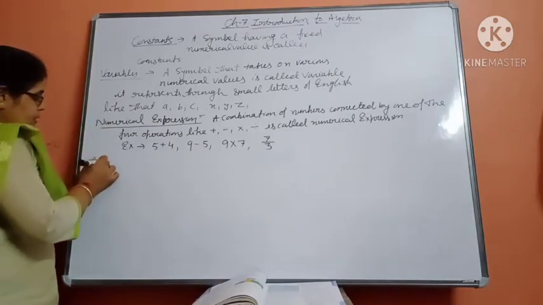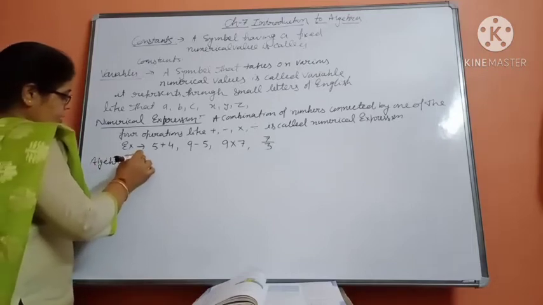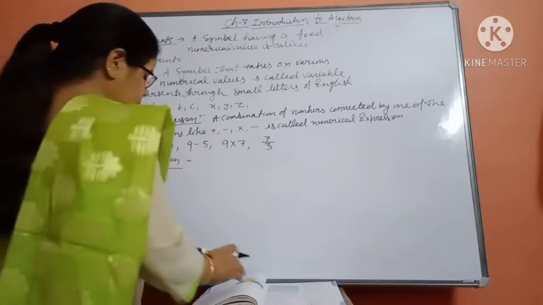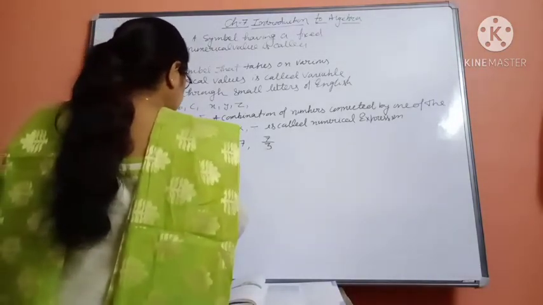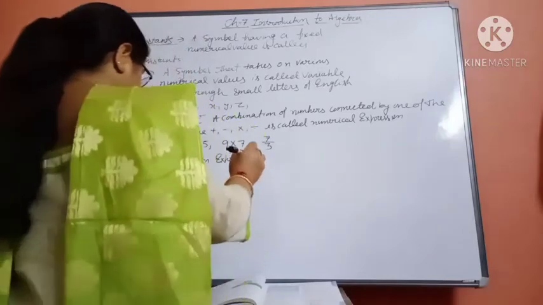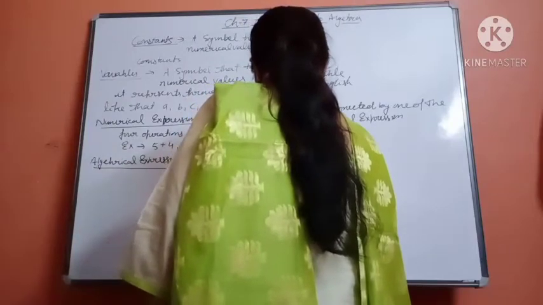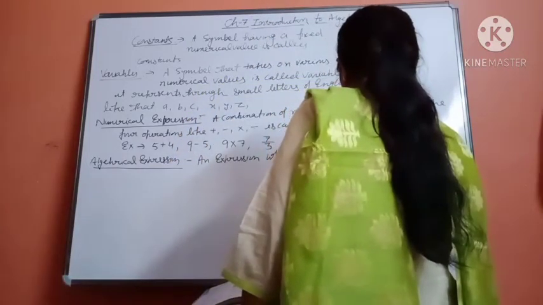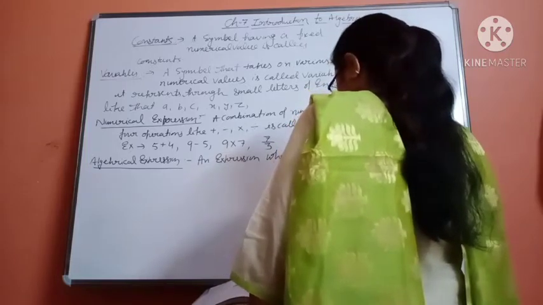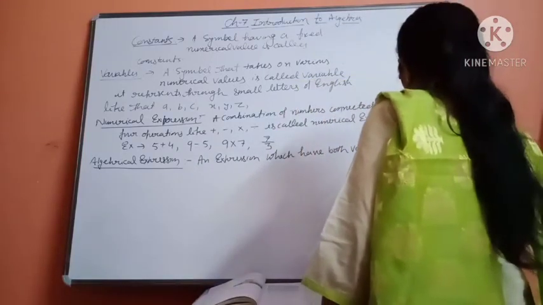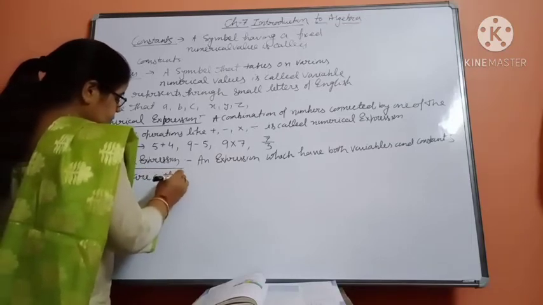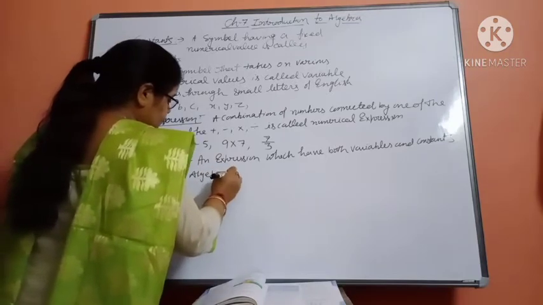Now see what an algebraic expression is. An expression which has both variables and constants is called an algebraic expression.